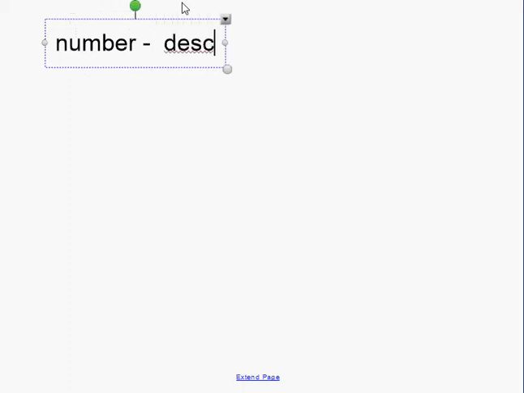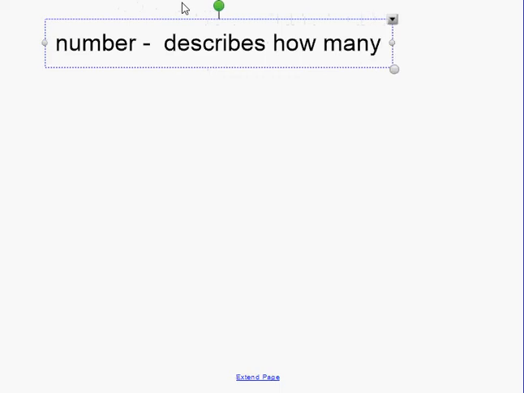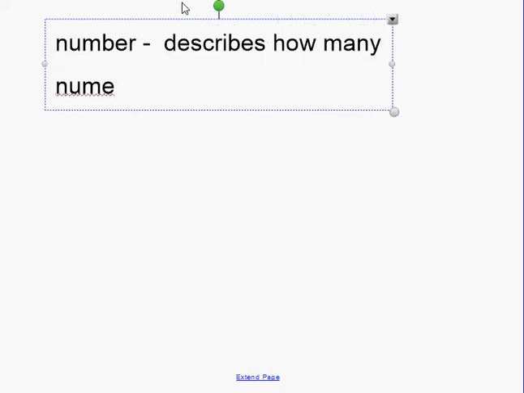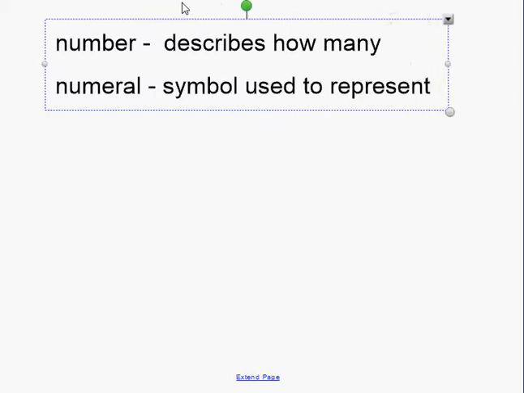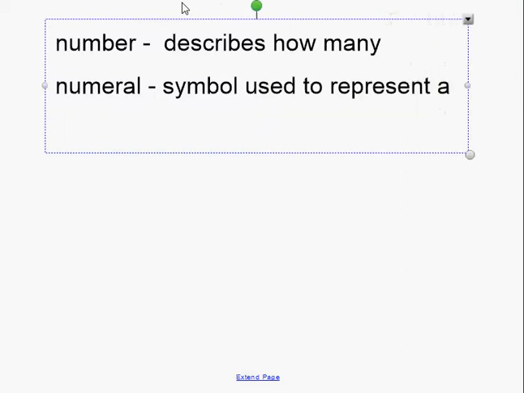First of all, the word number refers to describing how many, whereas the numeral is a symbol used to represent a number.